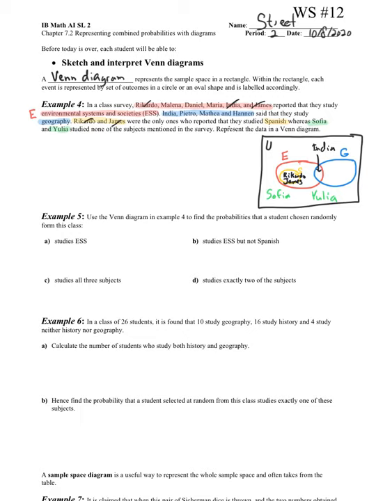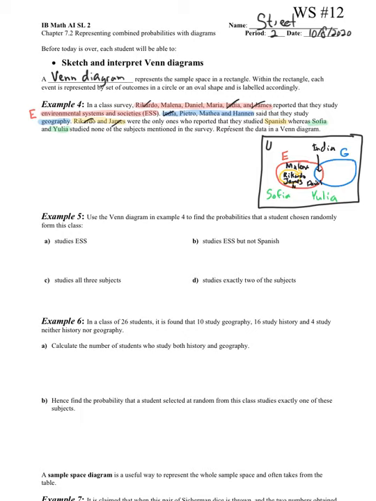India is the only one that's doing both, it looks like. Now we're going to put Melina in here. She's in the ESS class. And Daniel's in the ESS class. And then the last one's Maria in the ESS class.